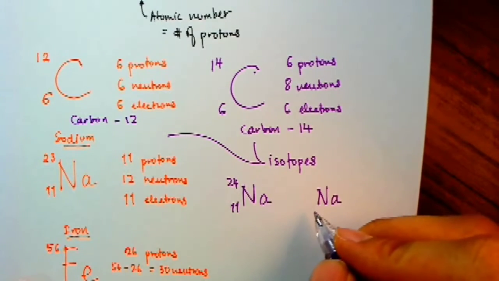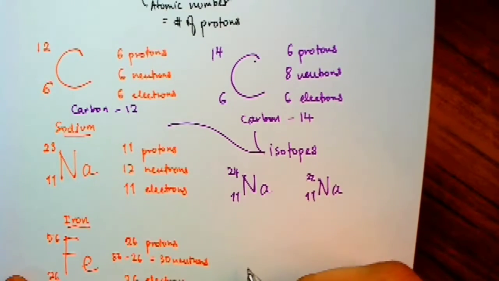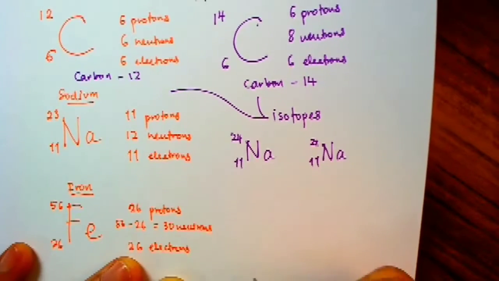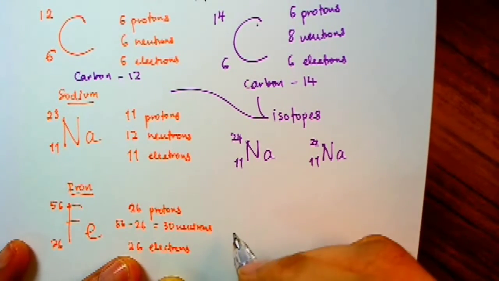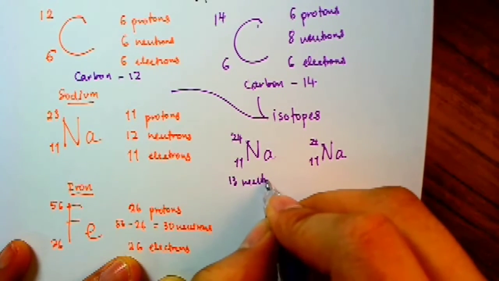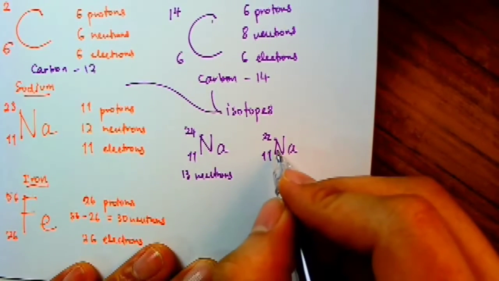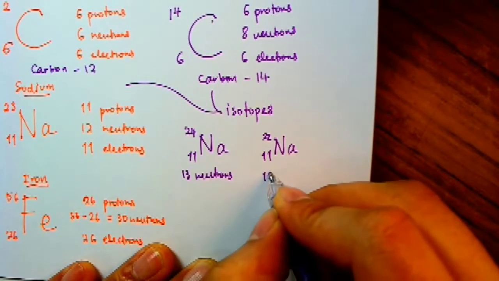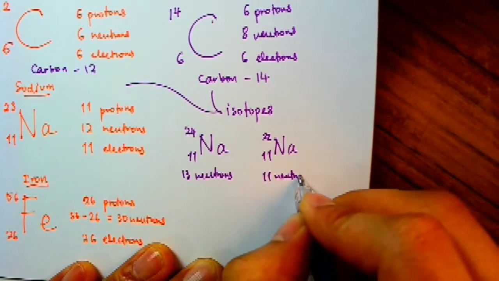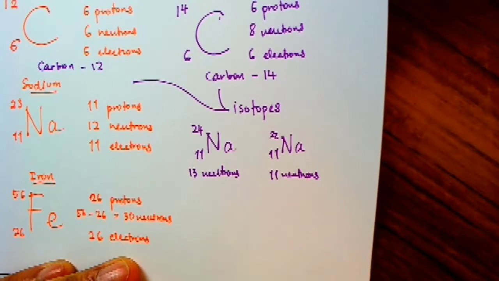Similarly sodium. One sodium atom has atomic mass 24 and another has 22. Both have the same number of protons and the same number of electrons. The only difference is the number of neutrons: in one it is 11, in another 13 neutrons.